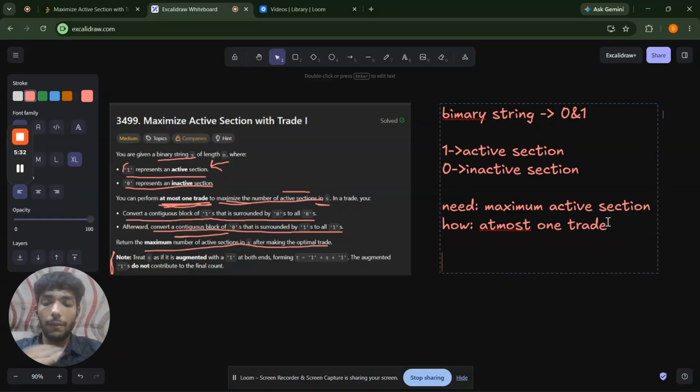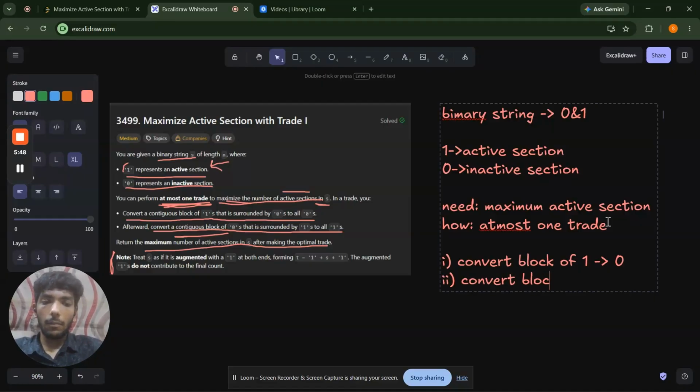But what is the first step we need to do? Convert a block of 1 to 0, and then convert a block of 0 to 1. It is as simple as that.